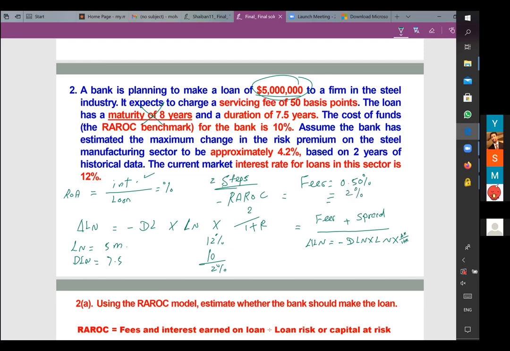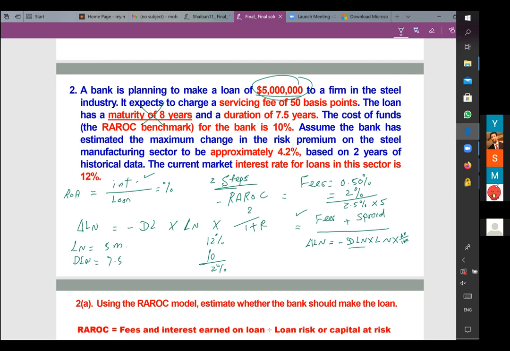So in total I now have 2.5%, which is the fees and the spread. You multiply it by the 5 million and you are done with the numerator.